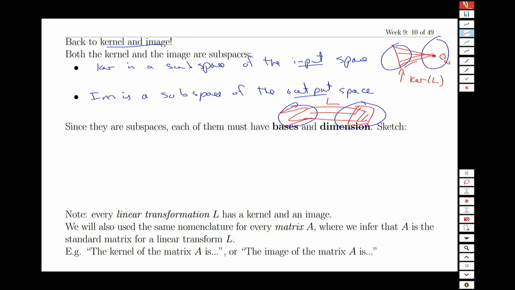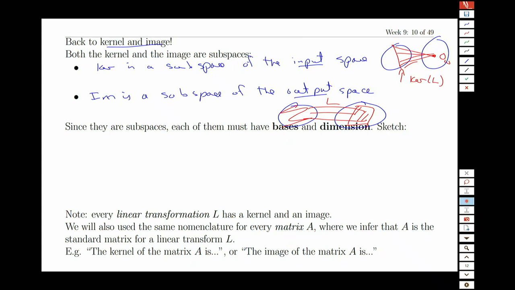Now, because they're subspaces, we have this other nice corollary that they have bases and, as a result, dimensions. If we have a subspace, it can be spanned by a certain number of linearly independent vectors. Well, that'll be a basis. The dimension is the number of elements in any one of those bases. So what we can do then is extend that idea. We thought about linear transforms, and we can also talk about the kernel and image of a matrix too.